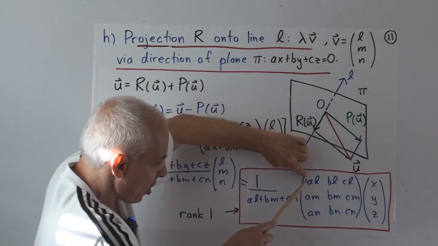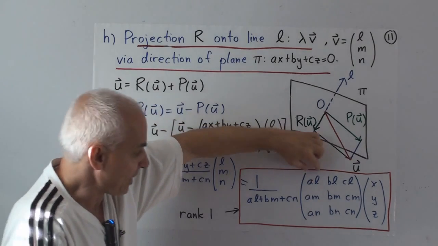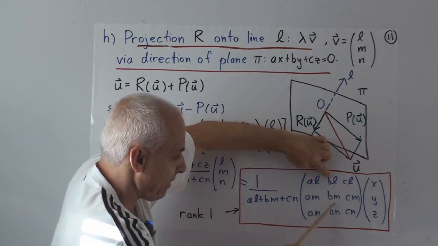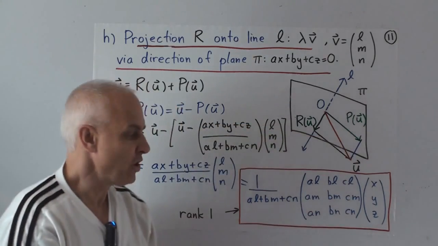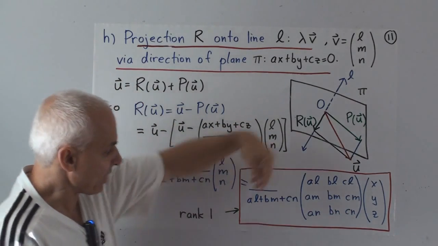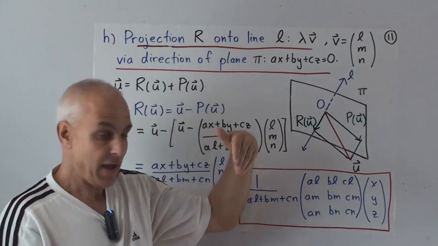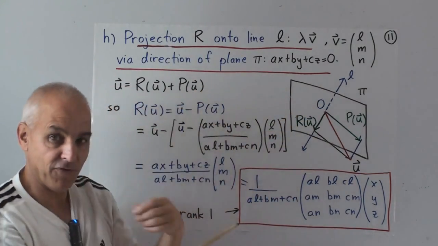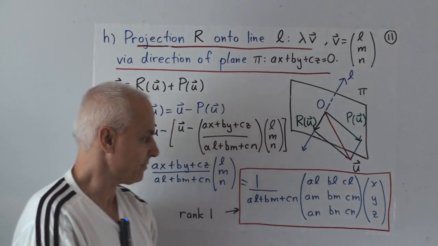And in fact, you can see that the column here, AL, AM, AN, if we take out the common factor A, that's really just the vector LMN times A, while the second column is LMN times B, and the third column is LMN times C. So all the columns are multiples of the vector V. Which is not surprising, because the columns are just the images of the basis vectors under the transformation, and we're mapping onto the line V, so all those images have to be multiples of V.